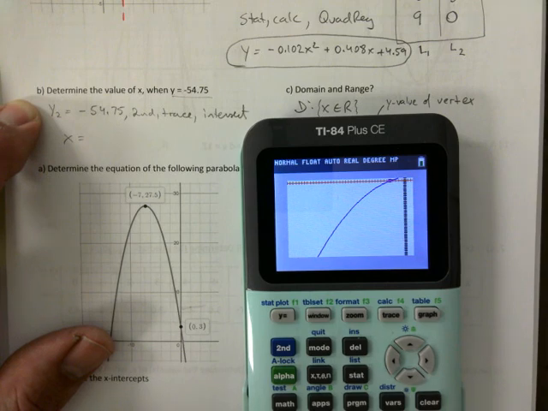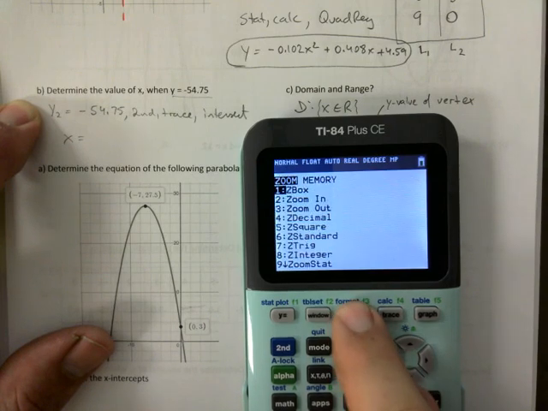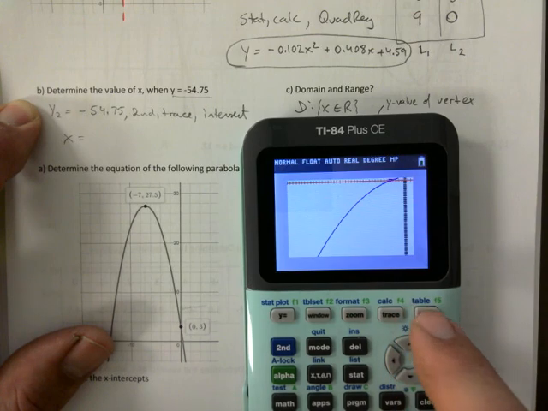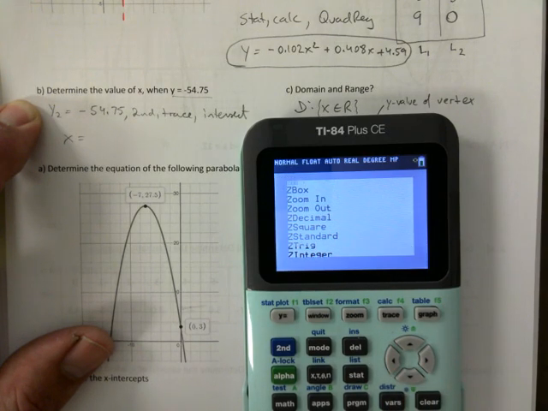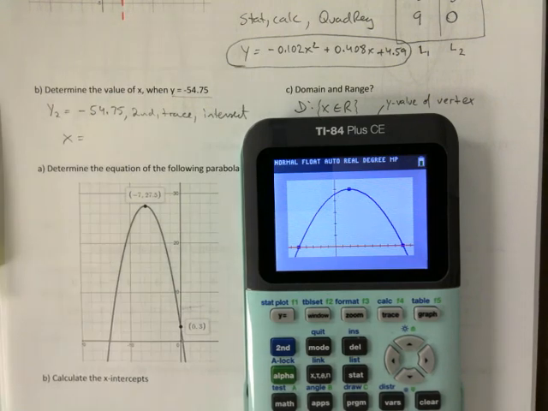So what would you press right now if you had the choice? You could do zoom standard. You could do zoom fit. I will do zoom stat. Sorry. Zoom. Let's try this again. Zoom stat. I'll press that one because I'm doing regressions. That one is going to be the best one for you.